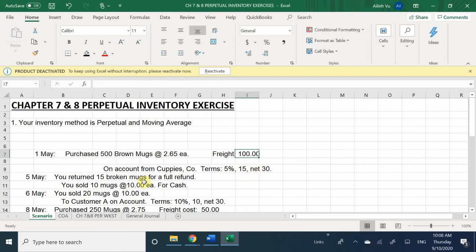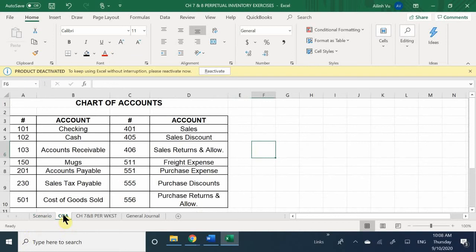First off, what's the transaction that happened? We purchased 500 mugs. Good. Are we journaling first, or going to the worksheet first? Rule of thumb: you should always journalize first so you lay down your foundation.